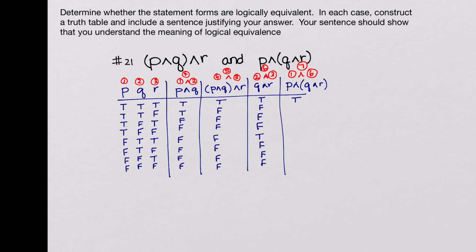So I'm going to have false, false, false there. And now the rest of the P's are false. So more falses going down the line. So what we want to compare is column 5 with column 7.